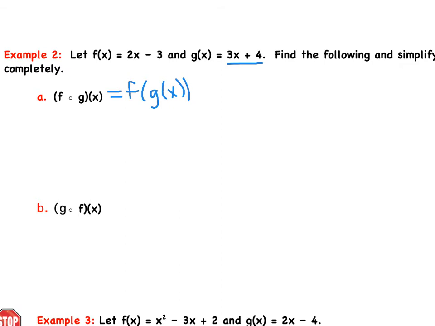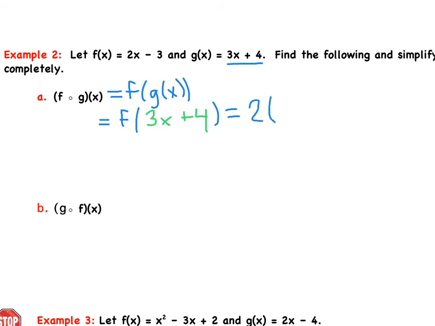So what that's going to look like is f of 3x plus 4, using substitution there. Now I will be substituting in 3x plus 4 in place of x in the equation of f of x.